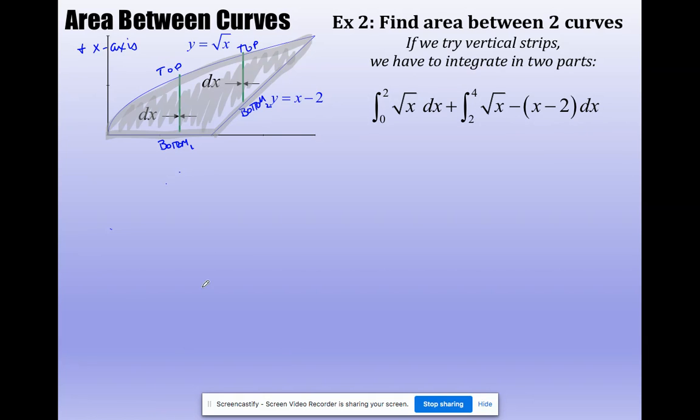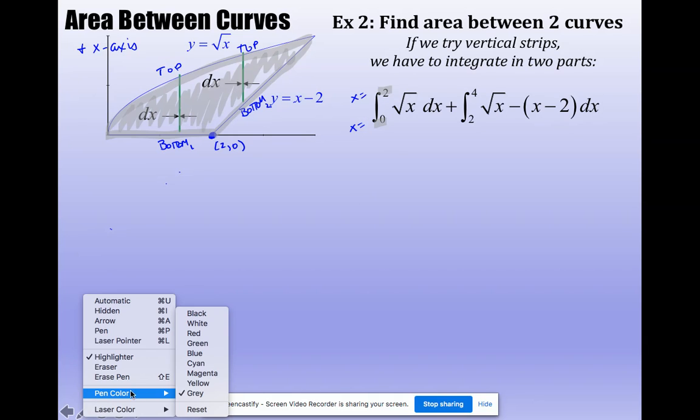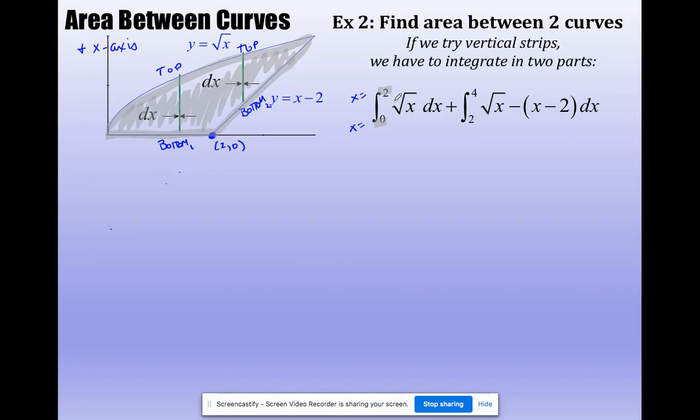So look at what I did there. I found the x-intercept of a linear function. So as long as I was between 0 and 2, my top was the square root of x.